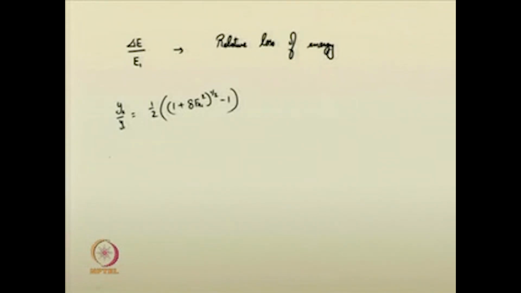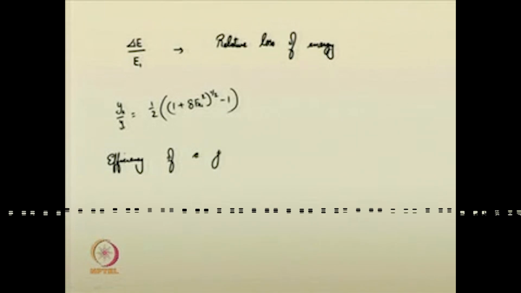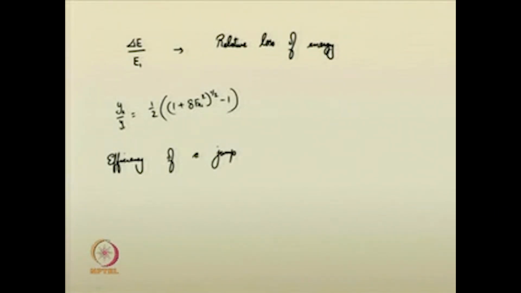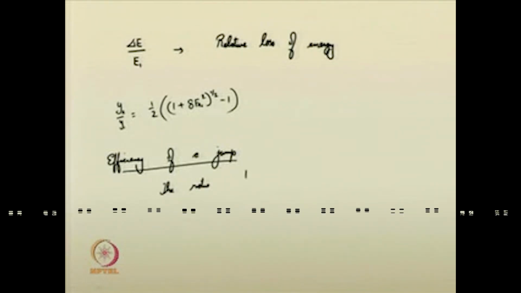Efficiency of a jump. You can find the efficiency of a jump by identifying the ratio of downstream specific energy to upstream specific energy.